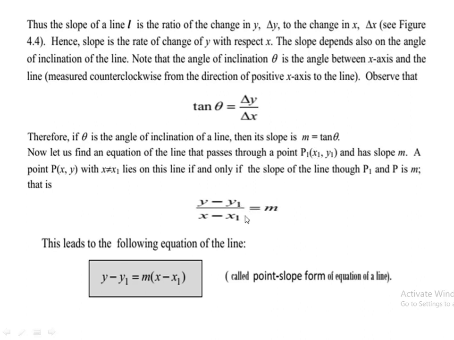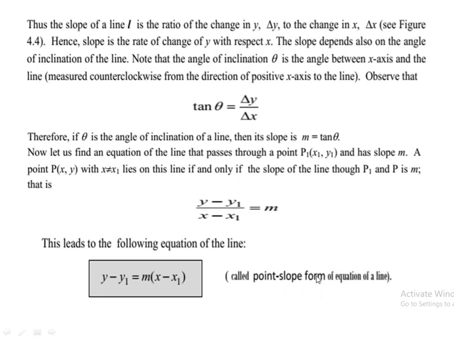Therefore, if P1 is (x1, y1) and P is (x, y), the slope with x not equal to x1 is (y minus y1) over (x minus x1), which is the same as slope m. This leads to the following equation of a line: y minus y1 is equal to m times (x minus x1). This is called the point-slope form of the equation of a line.